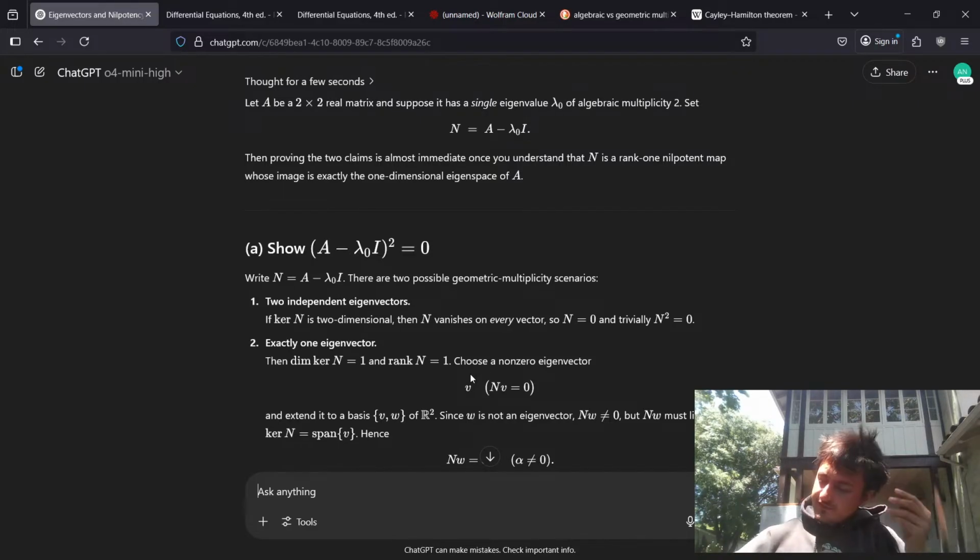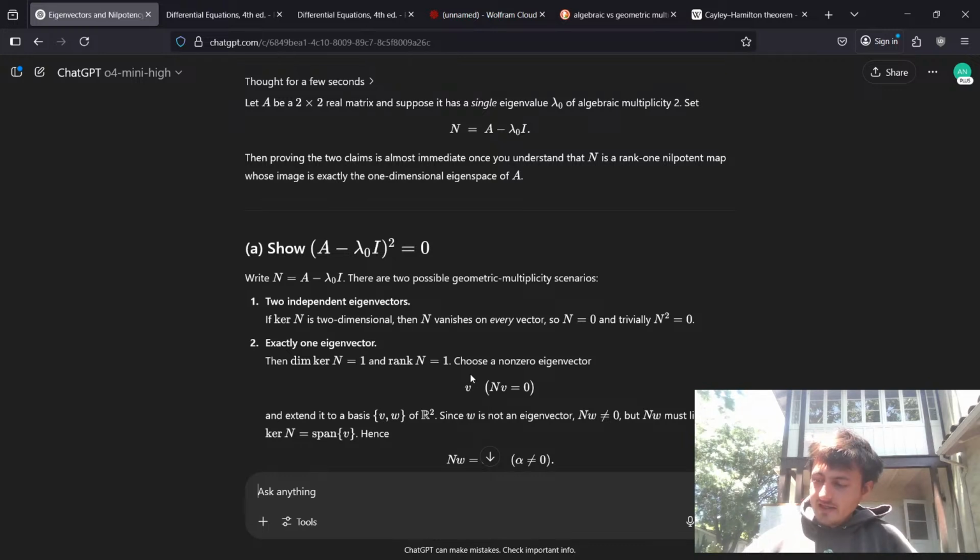Okay, so what I'm trying to figure out is why is the image of N the eigenspace of A?